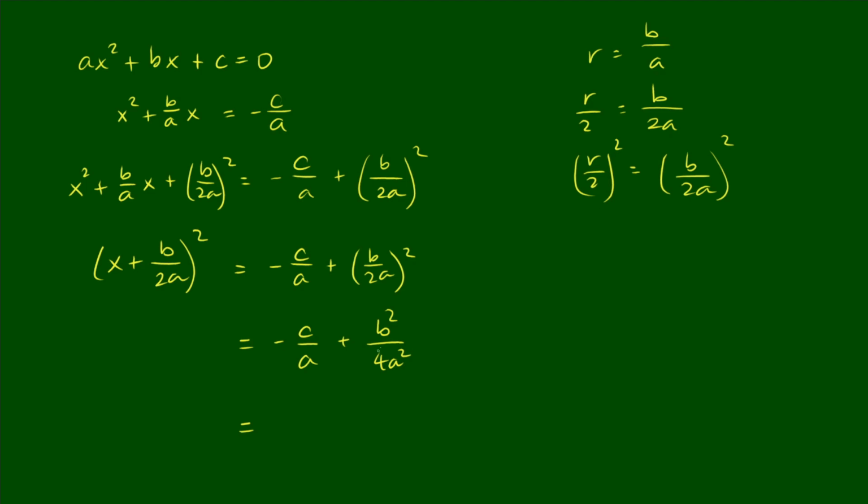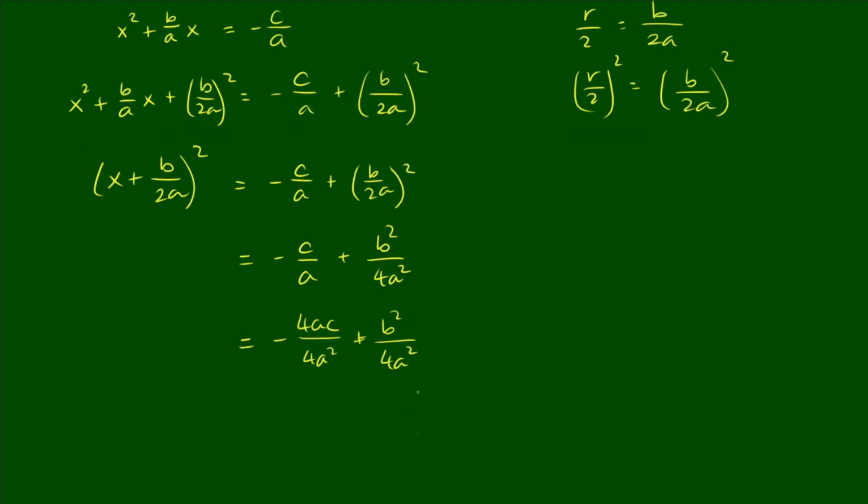Well, here you have 4a squared, so you're going to have to multiply this fraction by 4a. So you have minus 4ac over 4a squared plus b squared over 4a squared. All right, now you have a common denominator.